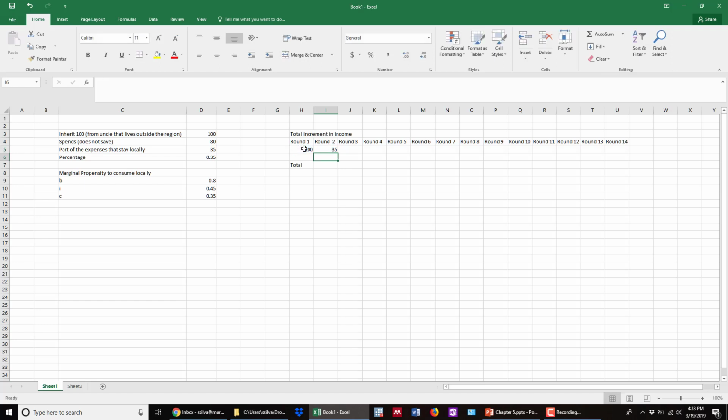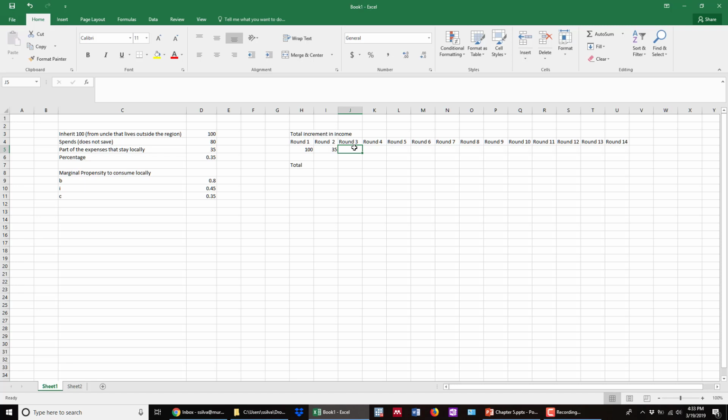That's because you spend the money locally and it ended up in somebody's pocket, some local person's pocket, such as the owner of the bookstore. Now that means that the owner of the bookstore has some extra income, but he or she will also spend 35% of it locally.